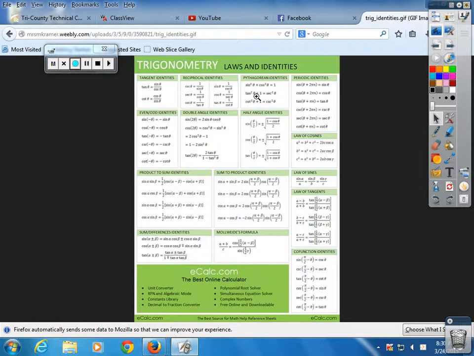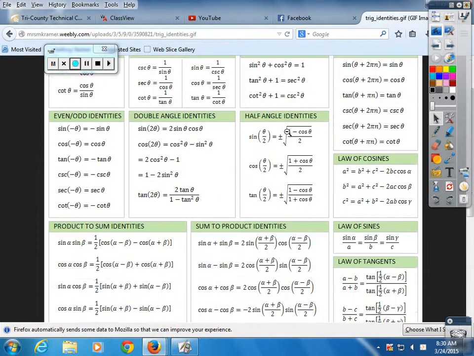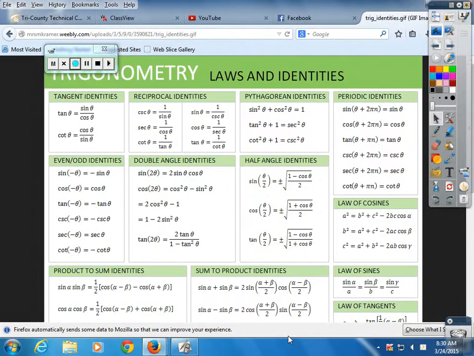So tangent squared is equal to secant squared minus 1. I'll try to blow it up some more. So use secant squared minus 1 in for one of the tangent squared.